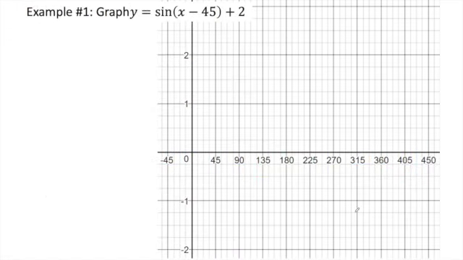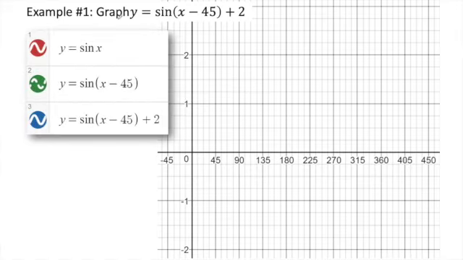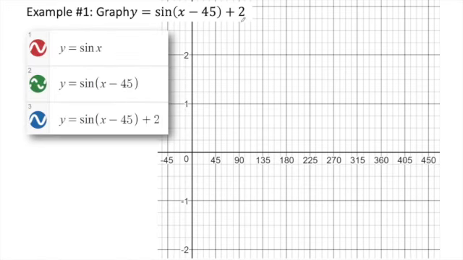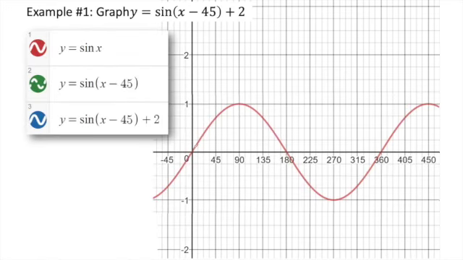Then again, we're going to want to graph our y = sin(x - 45) + 2. So here, we can start with our regular graph, so 0, 0, 90, 180, 270, 360, okay?